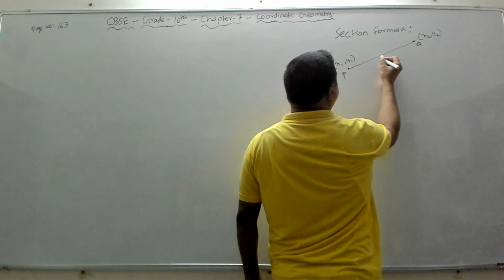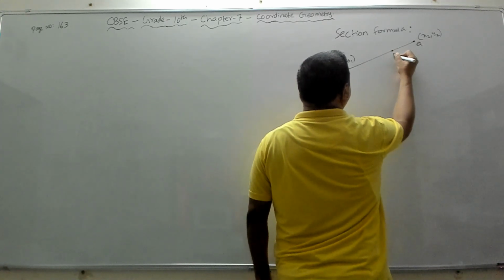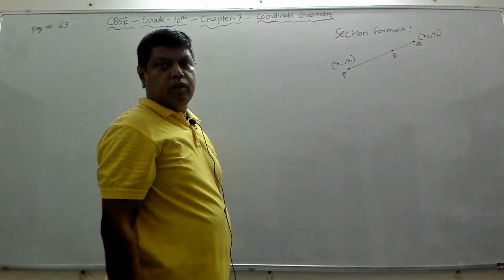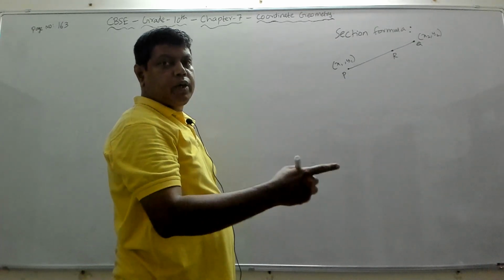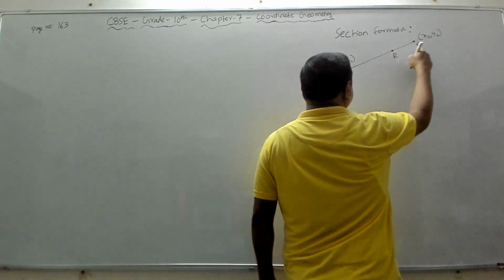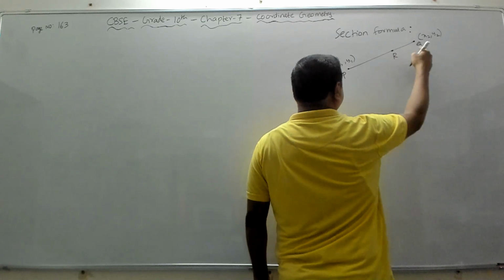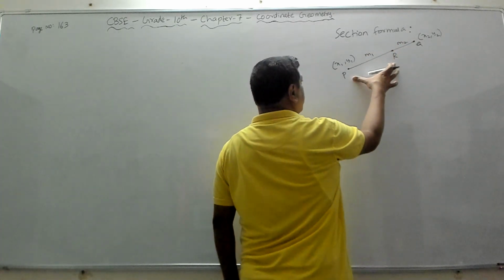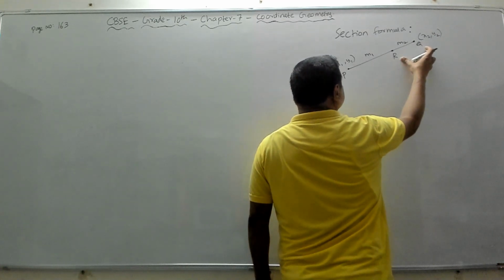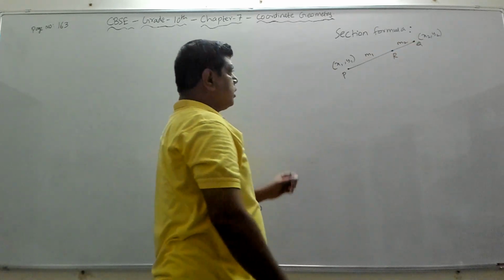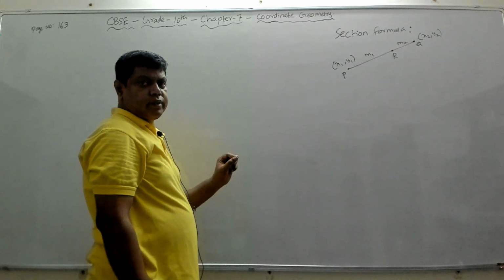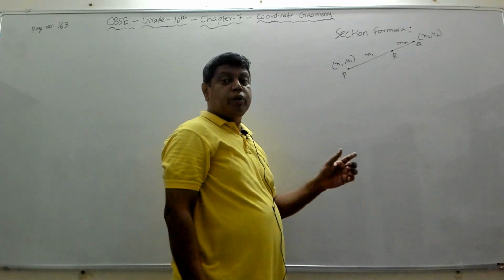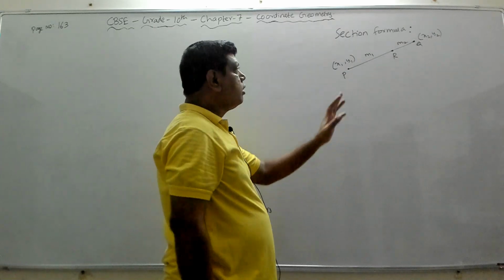Suppose there is a point R between P and Q, which divides the line segment PQ in the ratio m1 is to m2. Which means PR by RQ is equal to m1 by m2. So the point R divides the line segment PQ internally in the ratio m1 is to m2.